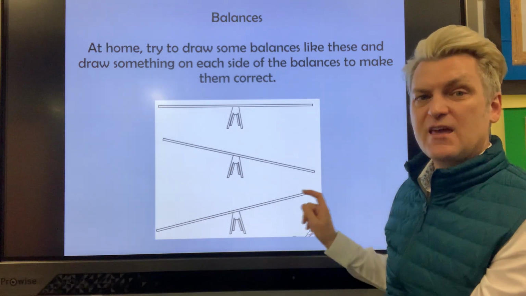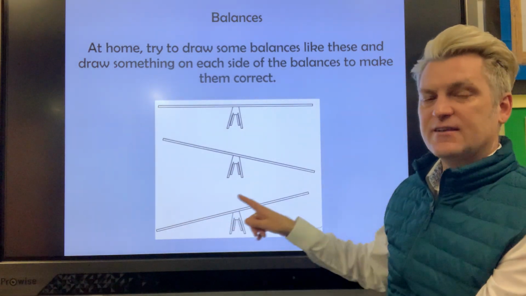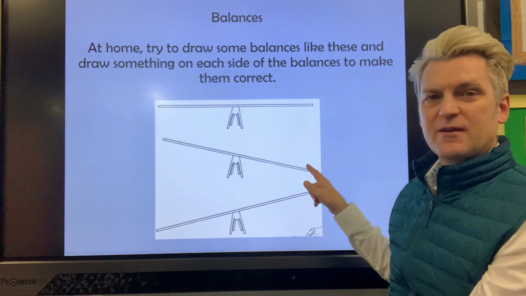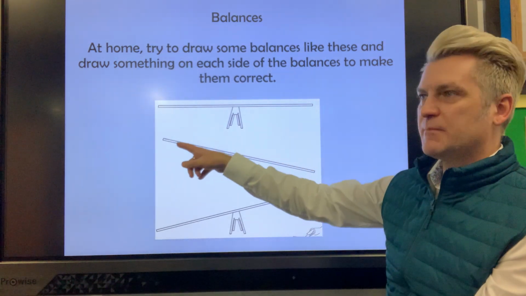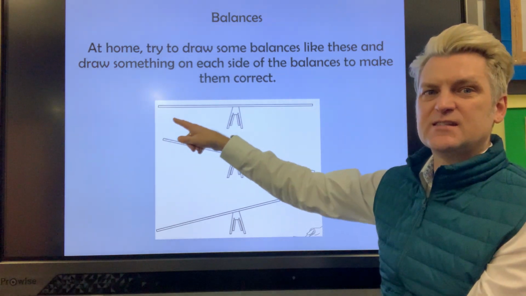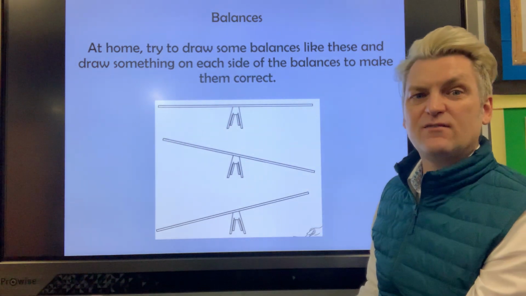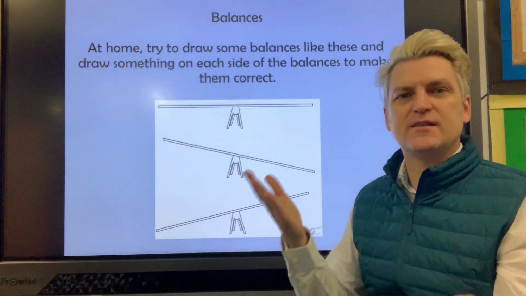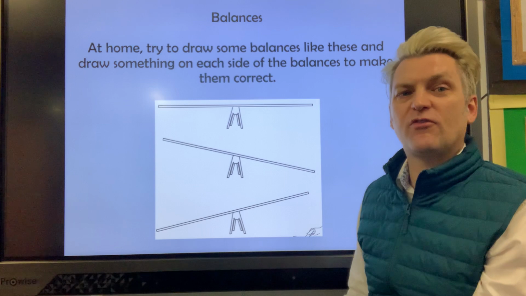So this one here, you need a heavy thing here and a light bit there. On this one, you need a heavy bit at the other end and a light bit at this end. And on this one, because it's the same, you can't draw the same thing on both sides, but we need something that weighs the same on both sides.